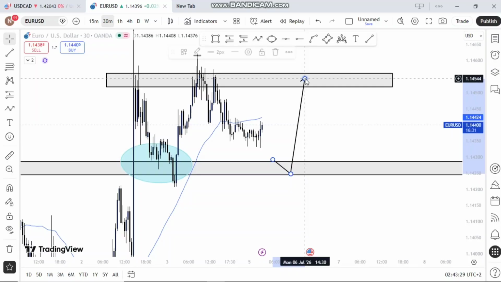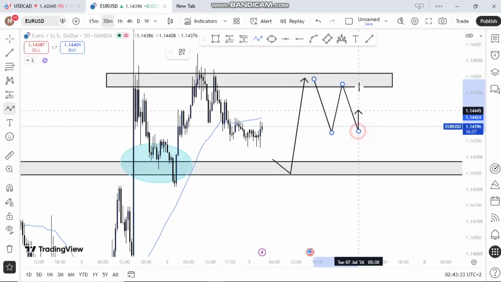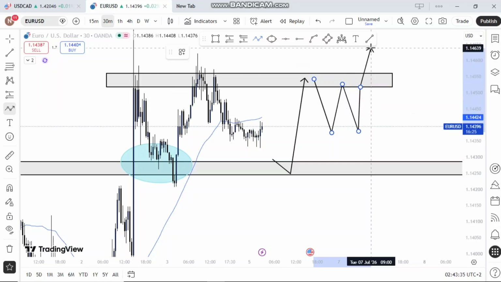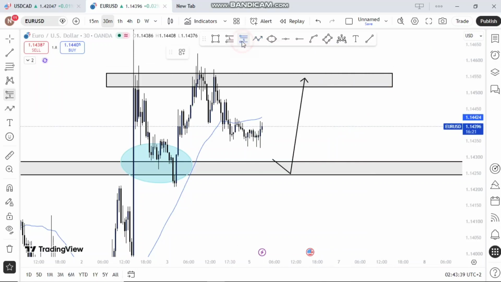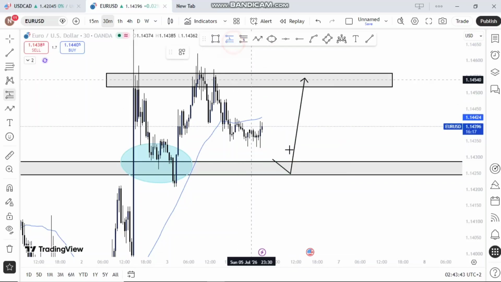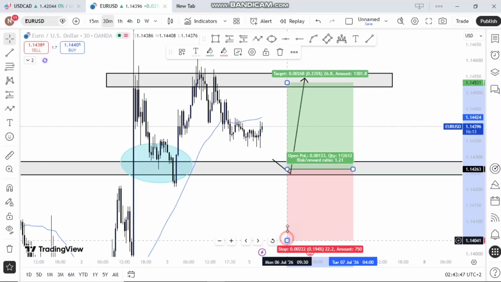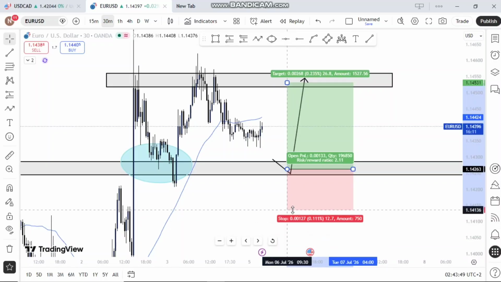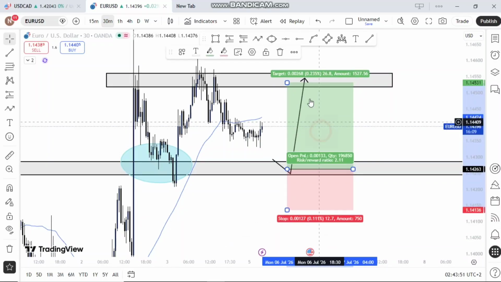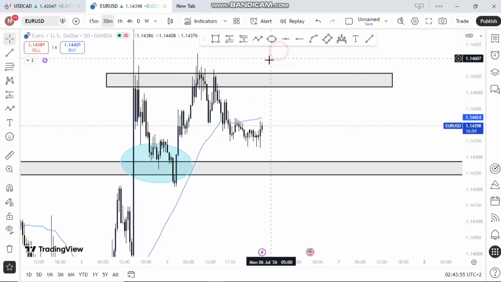It might buy back to this zone and then after that do this, but at least you know that you took this position, you went in and you got profits. So we are looking for buys on EURUSD.